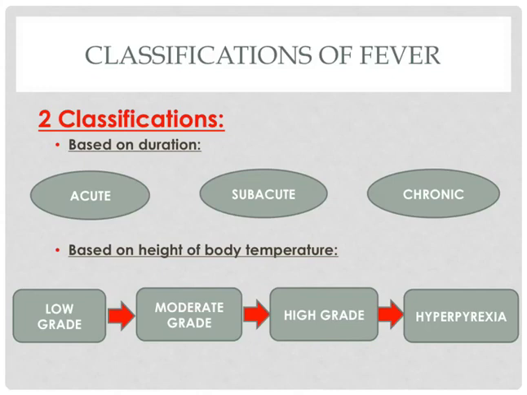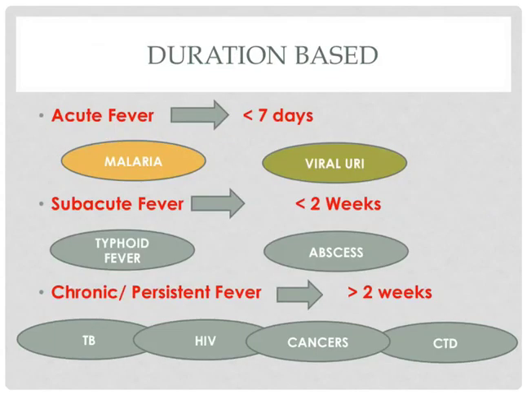Classifications of fever based on duration: you can have acute fever, subacute, and chronic. And the height of the fever, how high the fever goes, you can divide into different categories as well. So the acute fever is usually less than 7 days, and viral upper respiratory infections or malaria.